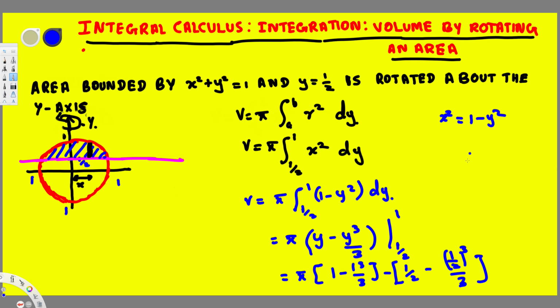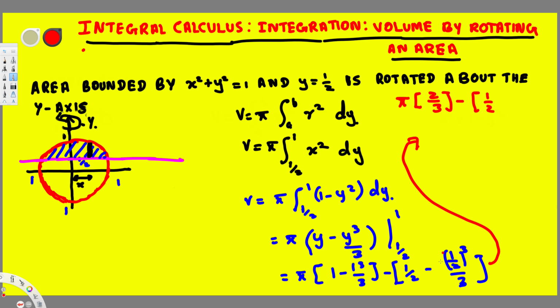Now let's go ahead and simplify. Here we are going to have pi times 1 minus 1 over 3. This can be written as 3 over 3, so 3 minus 1 over 3 is 2 over 3. Then 2 over 3 minus 1/2, and if you cube it, that gives you 1/8 over 3.